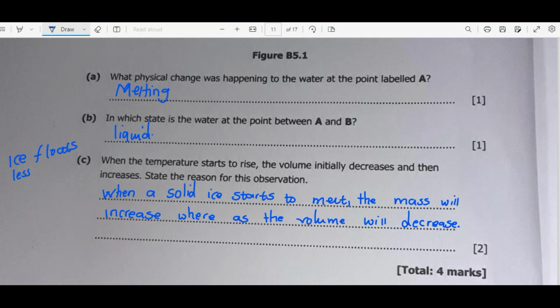Then we are told, and then increases. So the increase will come after that, with the water. If that water is heated, it will gain kinetic energy, and that energy will cause the water to expand.